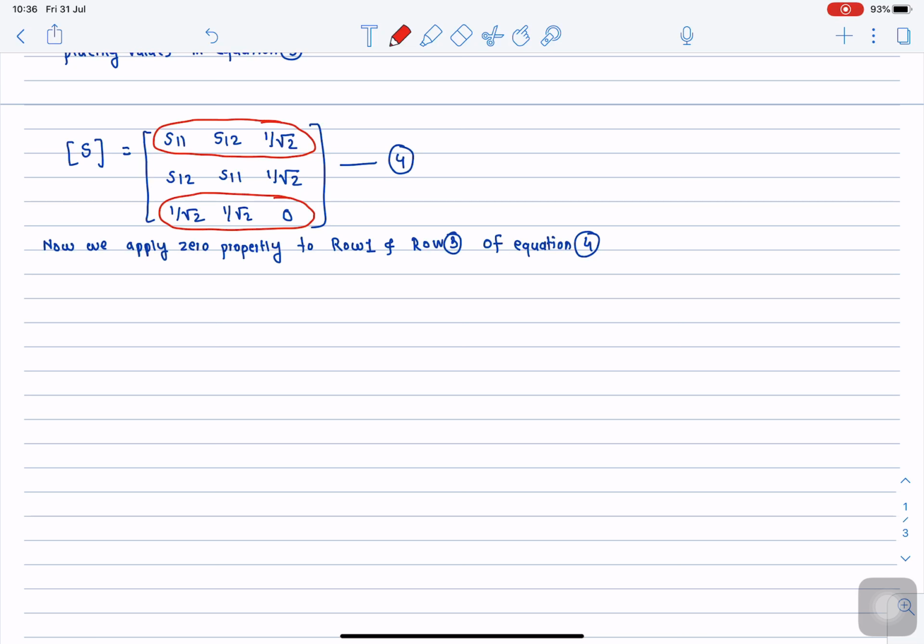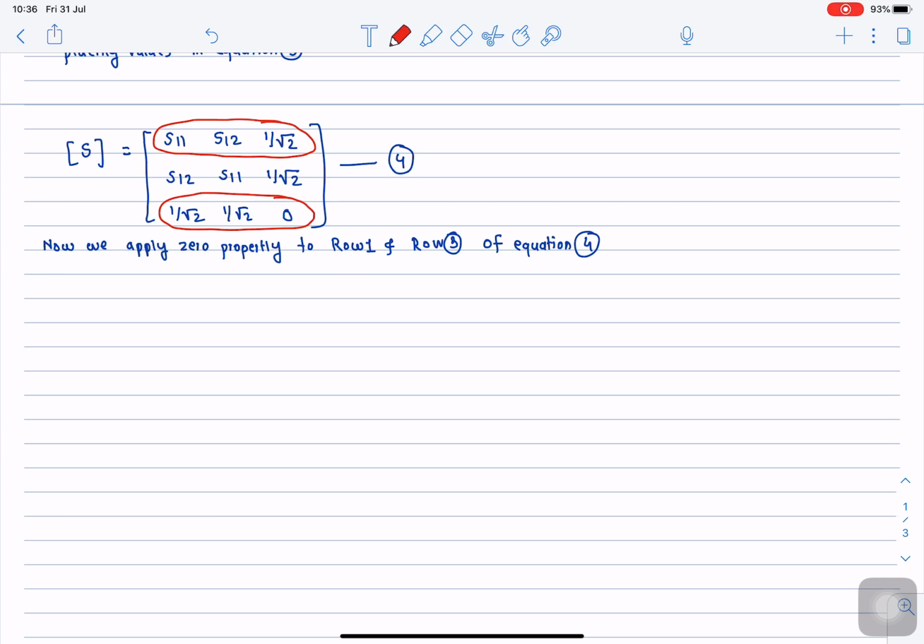What the 0 property says is that the sum of products of each term of a particular row with the corresponding term of the other row is equated to 0.